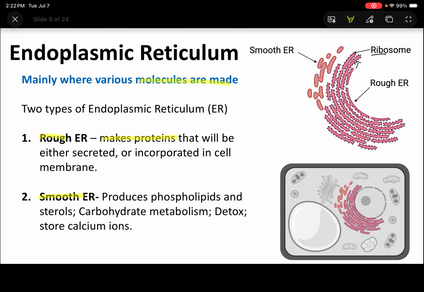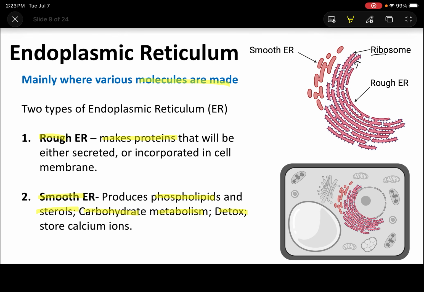The smooth ER is where we build phospholipids and sterols. Remember, phospholipids are really important for the cell membrane. That's what the membrane is made out of. It also builds other types of lipid molecules. It's important in carbohydrate metabolism, which means this is a place where carbohydrates can go to be broken down or built up.